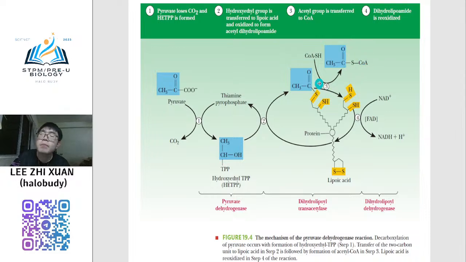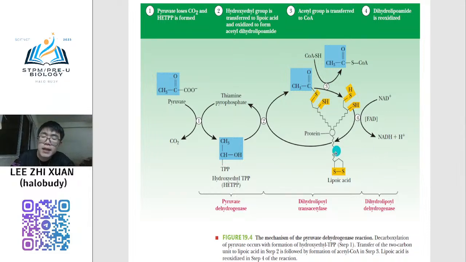And then dihydrolipoamide will be reoxidized again to form NADH, providing energy so that NAD plus will be reduced to form NADH.